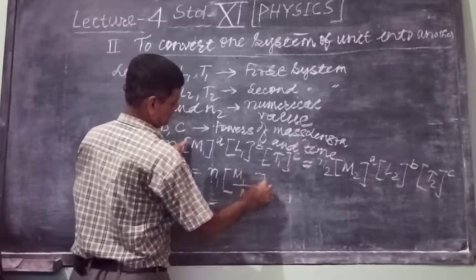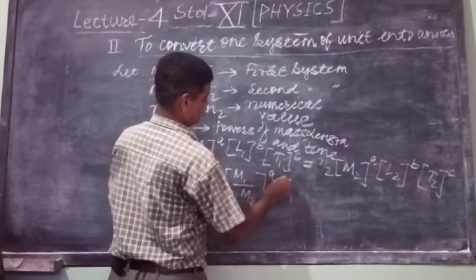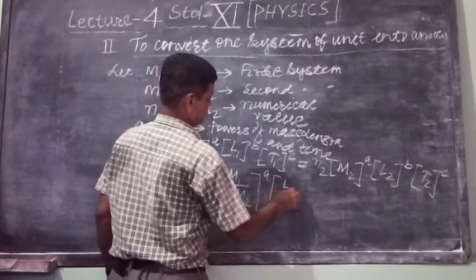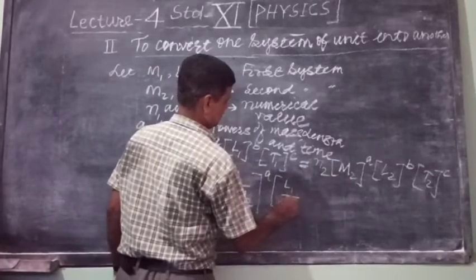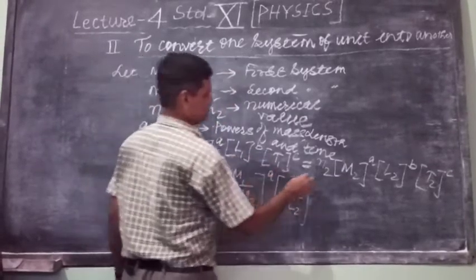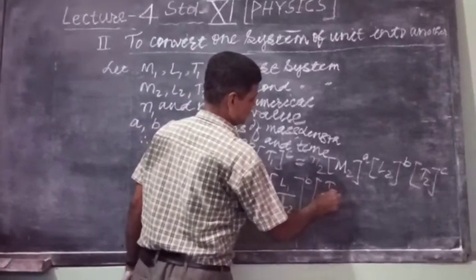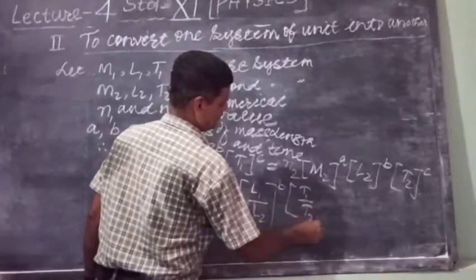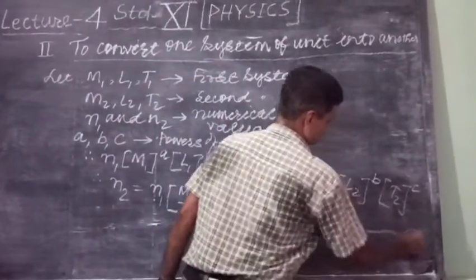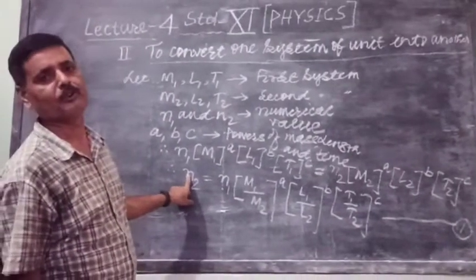I am omitting one step. Directly it can be written as L1 by L2, because the power of both are the same, whole to the power b, and T1 by T2, to the power c. This is your equation number first. The first equation gives the value of N2.